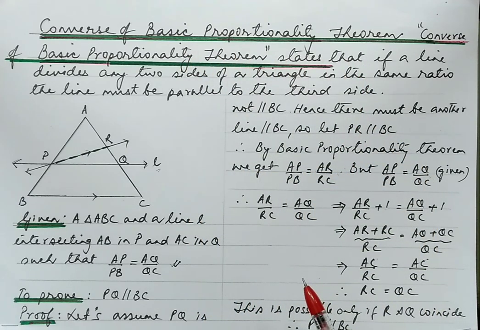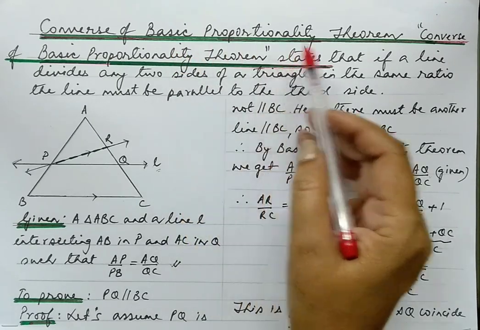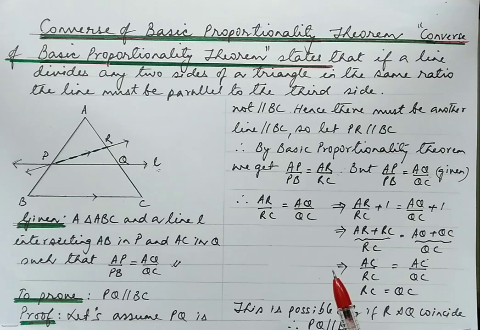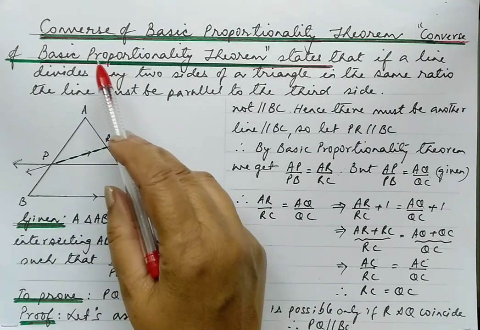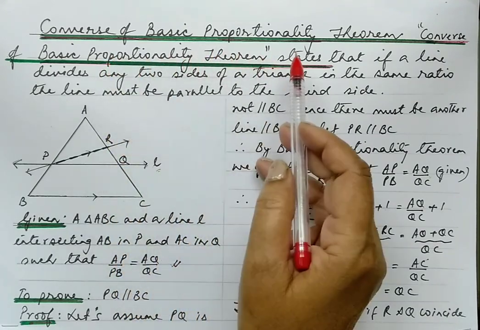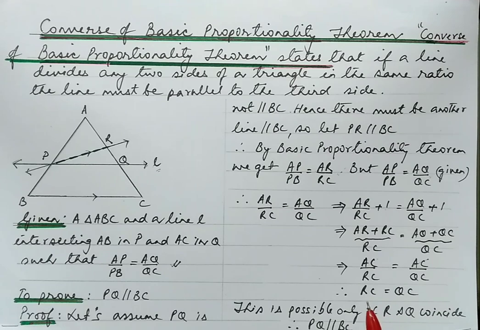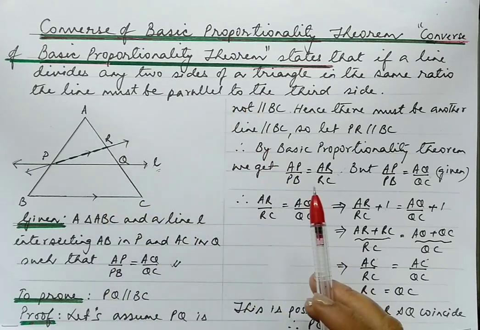If you haven't watched my previous video on the basic proportionality theorem, the concept has been explained there already, which is why in this video I have picked up the converse. Most of you find this a bit tricky and confusing.